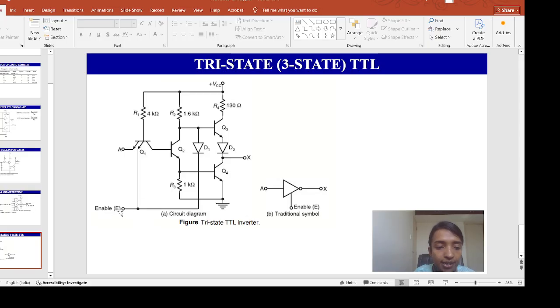The low at E also forward biases diode D1 in order to shunt the current away from the base of transistor Q3. So Q3 is also turned off. When both these totem pole transistors Q3 and Q4 are in the non-conducting state, the output terminal is essentially an open circuit.